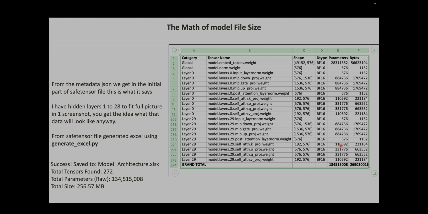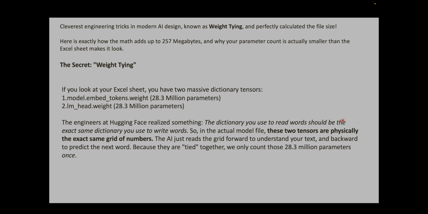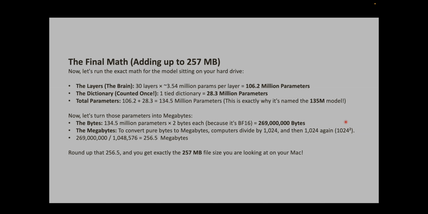I think I have shown the calculation somewhere. Anyway, 30 layers times 3.54 million parameters per layer is 106 million parameters. Then the dictionary counted once is 28.3 million parameters. The total equals 134 million parameters. This is exactly the name, 135 million.